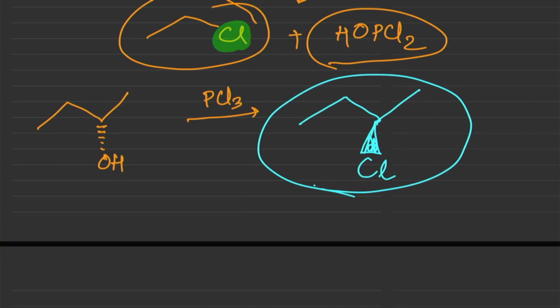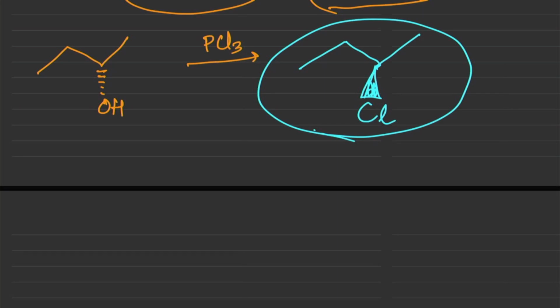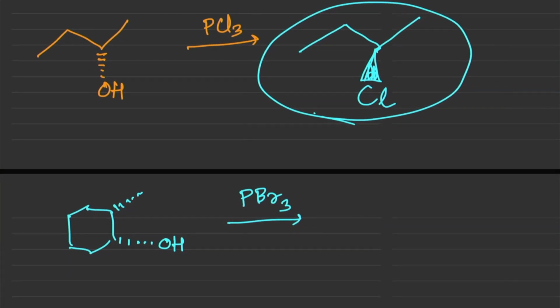Okay, so let's do one more problem. So let's say we've got a structure like this, this one has this, and this one has OH. And let's say PCl3 and PBr3 work the same way. Okay, so I will draw the mechanism for this part just to make you understand a little better. So what would be the answer?